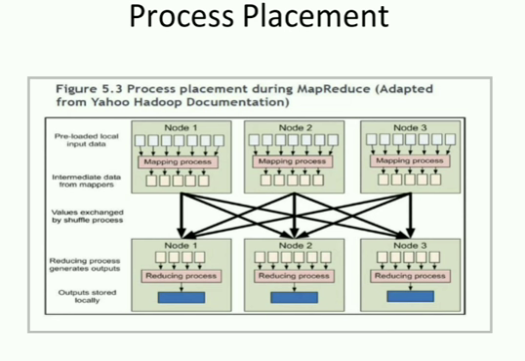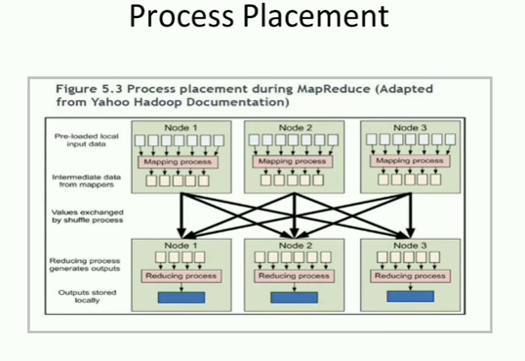Okay, the next slide you can see is process placement. A diagram which shows process placement during MapReduce. It is a simple 3-node MapReduce process. It means 3 processes will be processing in parallel.